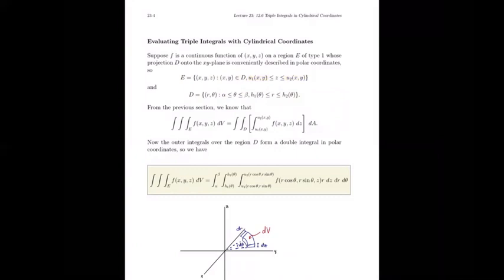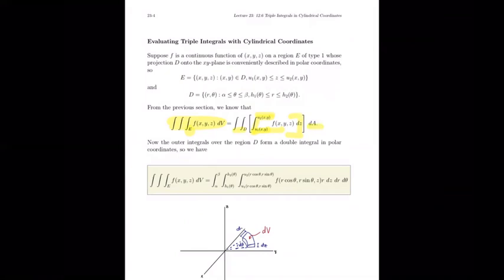So we're looking for the integral of this function over the solid E. Then we can peel off that first integral, express it with respect to z of f of x, y, z, bounded by the surfaces u1 to u2, functions of x, y, the lower and upper limits of integration, respectively. And then we integrate the rest of this with respect to D.